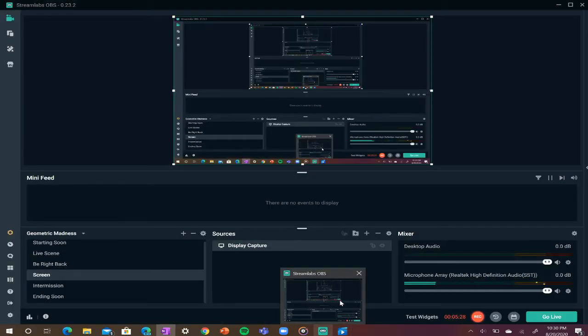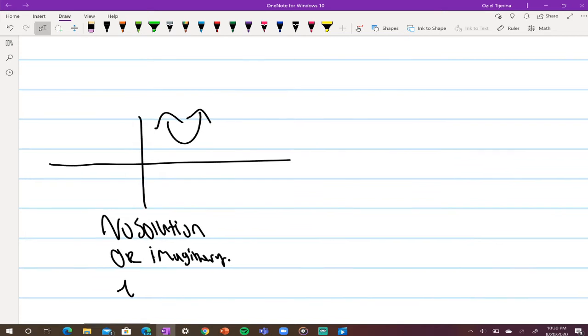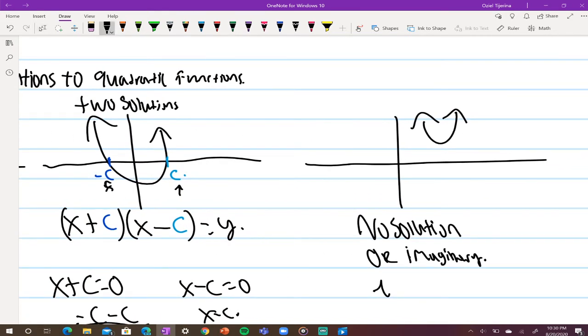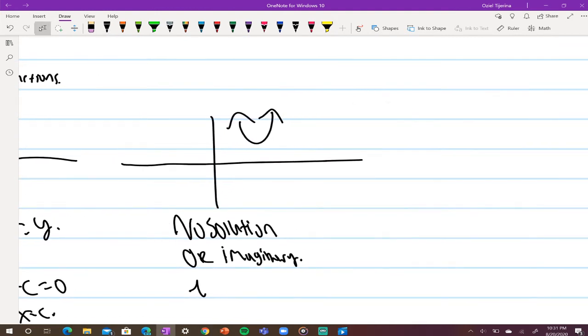For imaginary solutions, you mostly have to use the quadratic formula, or you can complete the square, but I don't think you can solve by factoring. This is how it would look if your solution is imaginary and there is no x-intercept.